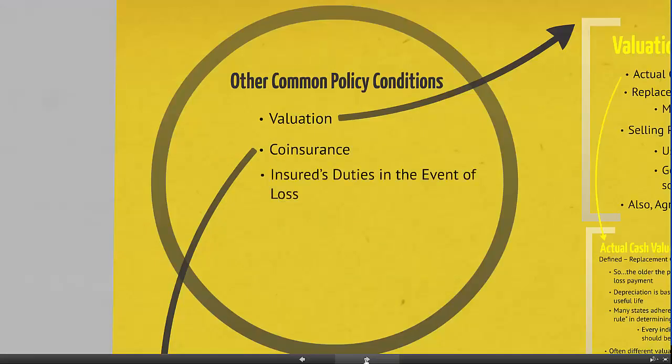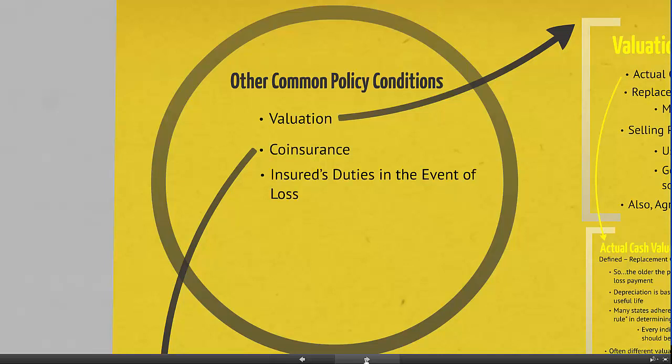Okay, now let's look at the last several other common property policy conditions, and those are insured's duties in the event of loss. First of all, this is a condition precedent in the policy, which means that these duties must be done or followed before an insurer is obligated to pay a loss.